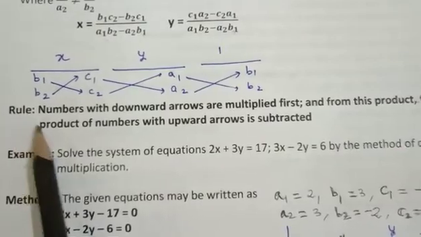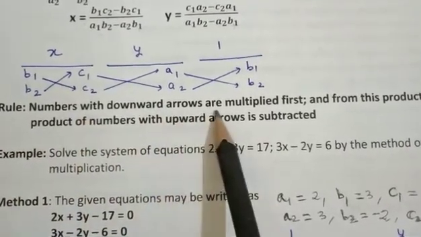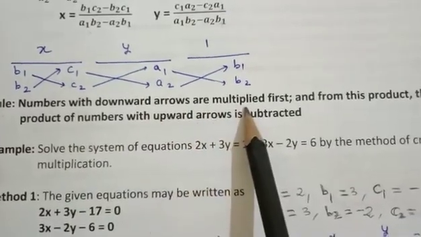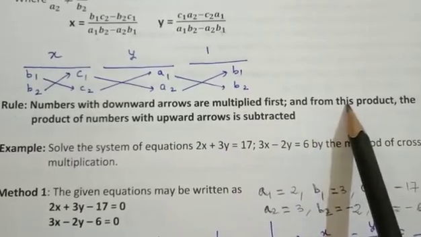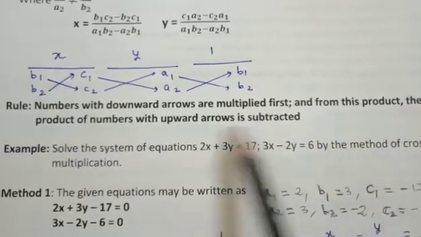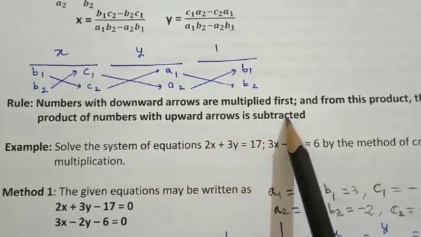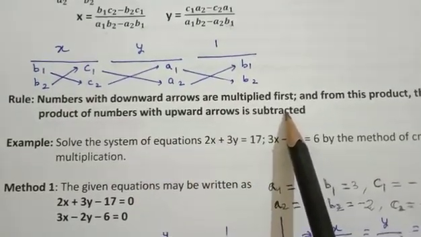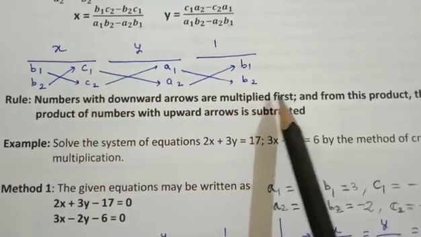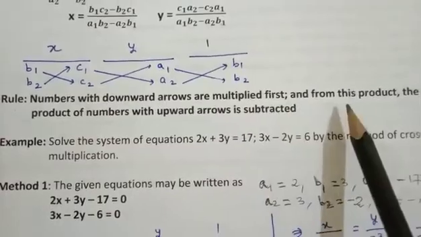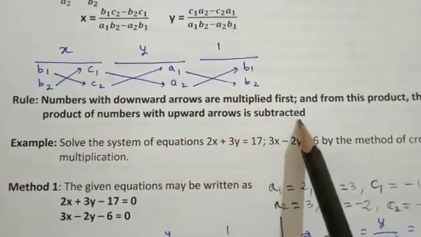The rule says the numbers with downward arrows are multiplied first, and from this product, the product of numbers with upward arrows is subtracted. So let me repeat, numbers with downward arrows are multiplied first, and from this product, the product of numbers with upward arrows is subtracted.